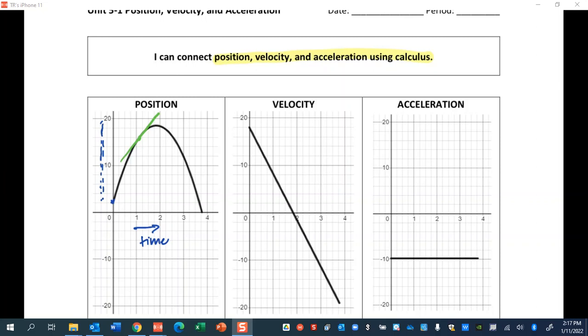What does this represent? Right, that vertex, that apex, the top of my curve. Right here is where my velocity is what? 0, right?